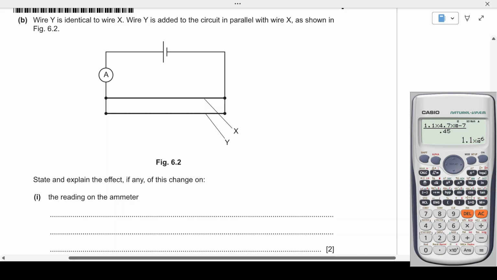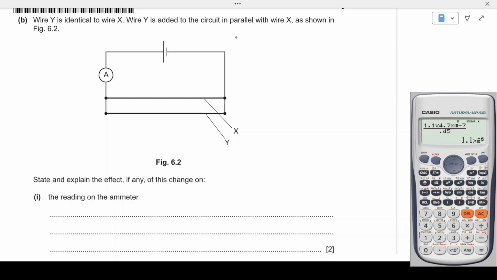Okay, theoretical one. What happens to the reading on the ammeter? So there must be a change in the circuit. What is the change? The wire X is identical to wire Y, and wire Y is added to the circuit in parallel. The more the resistors in parallel, the less the overall resistance.